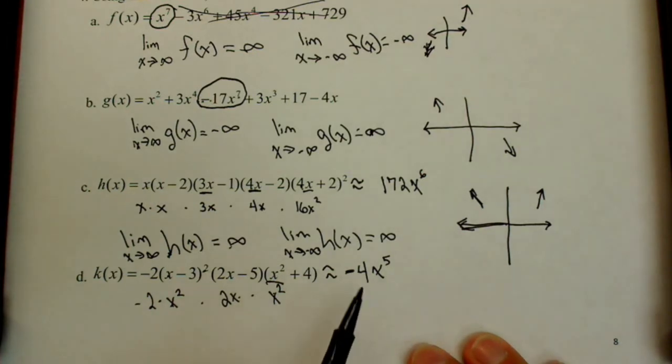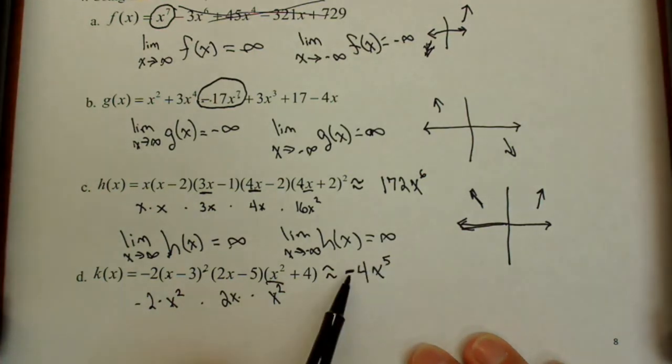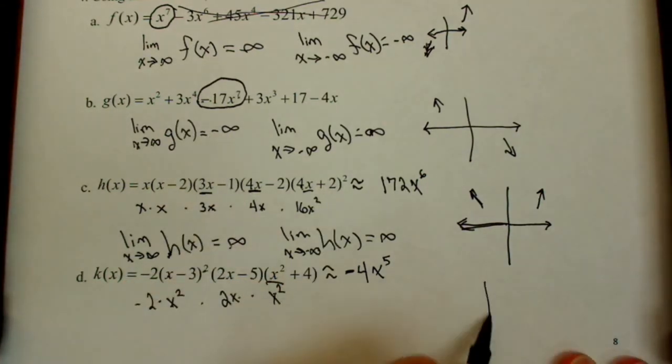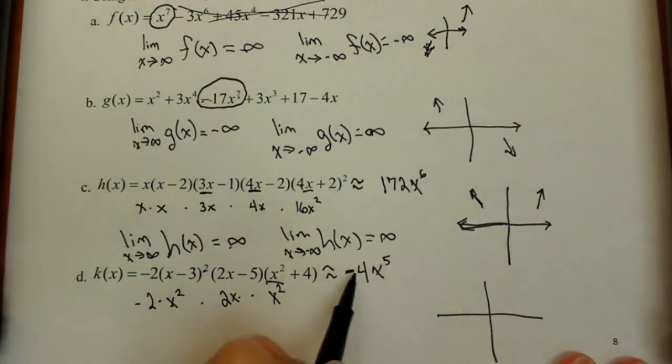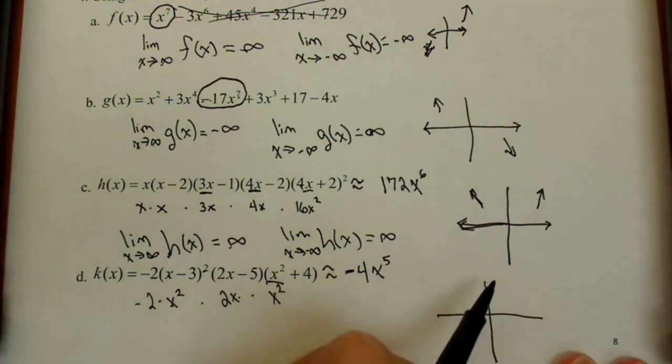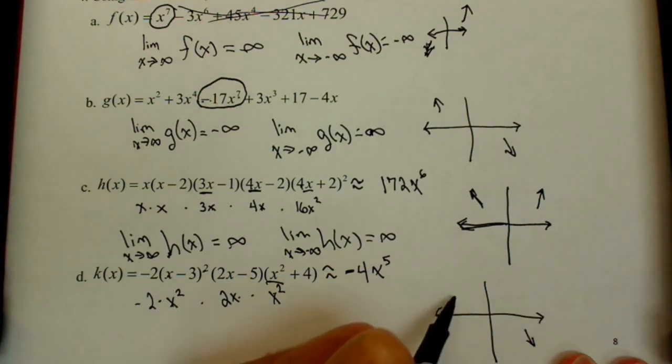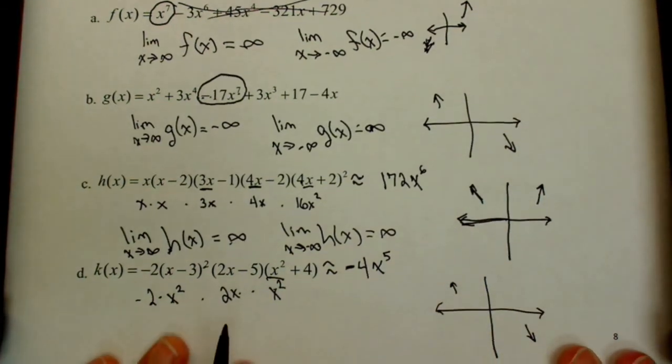So, again, let's see what we got. Odd degree, negative coefficient. D is going to have the same answer as B, because we have an odd degree. They go in opposite directions. And with the negative out front, it's reflected over the x-axis. So as x goes to positive infinity, y will go to negative infinity. As x goes to negative infinity, y will go to positive infinity.